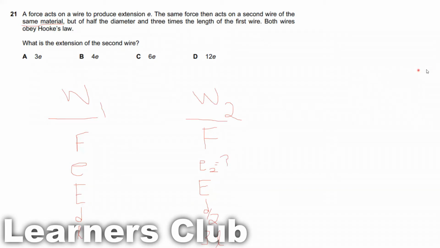Okay, to do this, we can follow one simple method. Since we know the Young's modulus is the same, in this case, Young's modulus of wire 1 is equal to Young's modulus of wire 2.